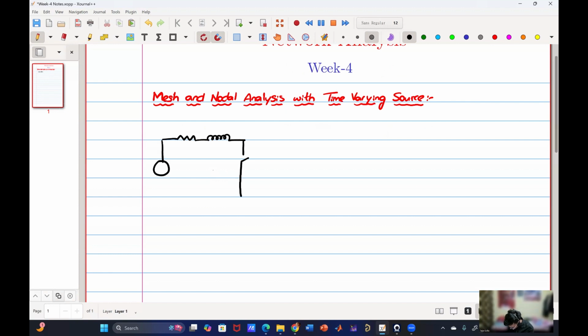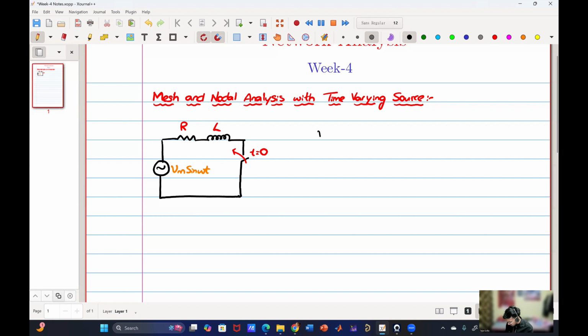with a source. So this is resistor R, this is L, and they are closing the switch at t equals 0, and then they have this source as Vm sine omega t. So now let us write the KCL, KVL.